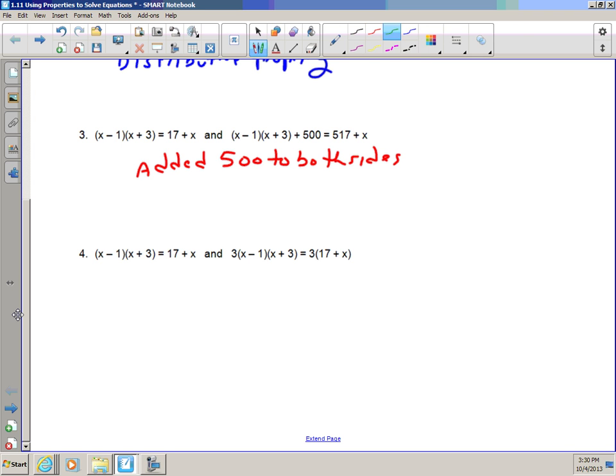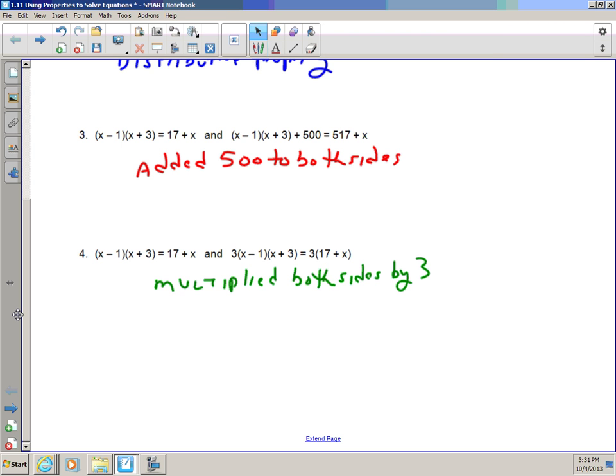And in the last one, we multiplied both sides by 3.